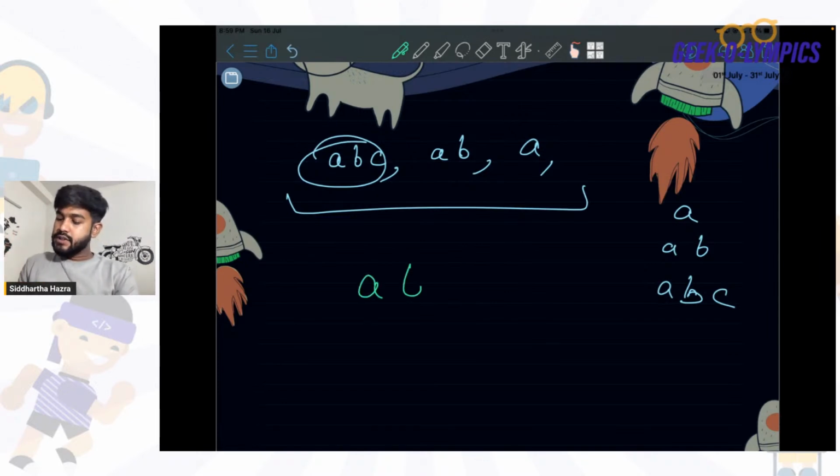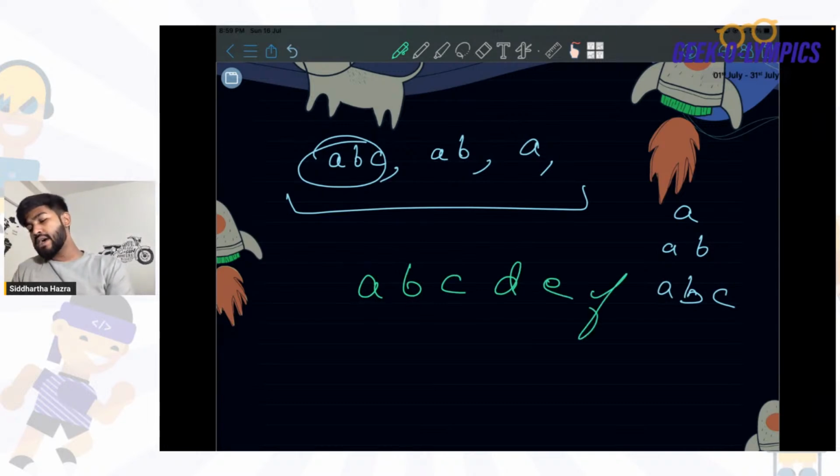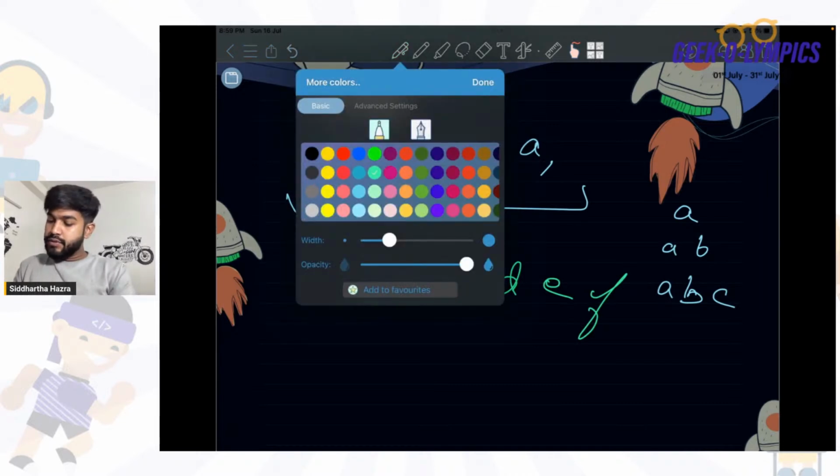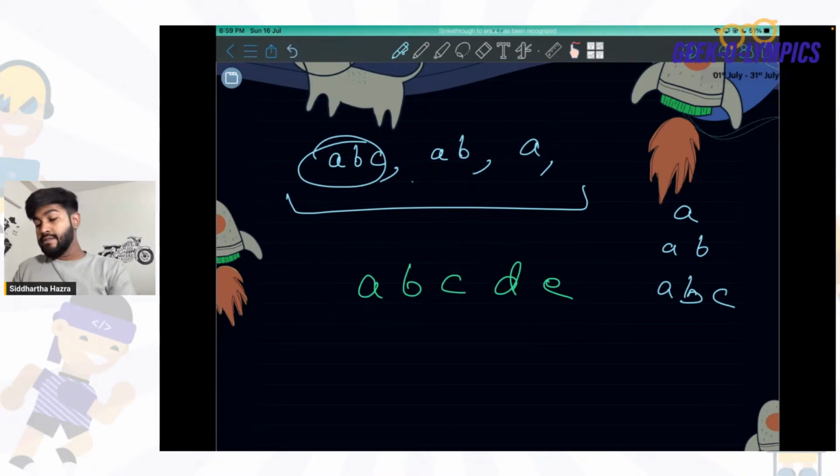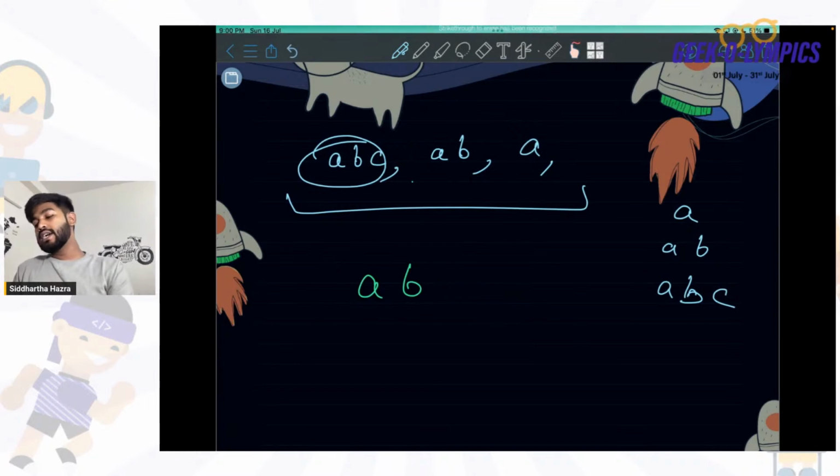So this is very easy to understand. What we would do is we would insert all of them in a hash map. Okay, and then we would remove the last character, and then we would search, and repeat this.